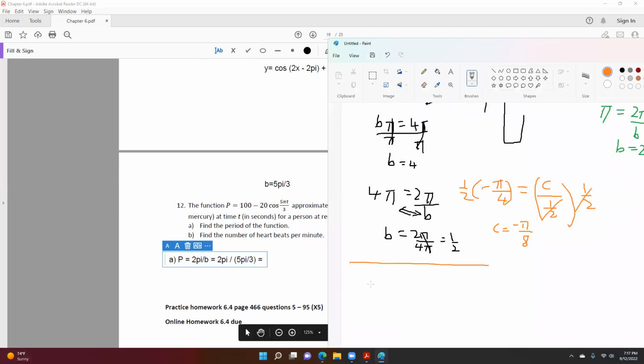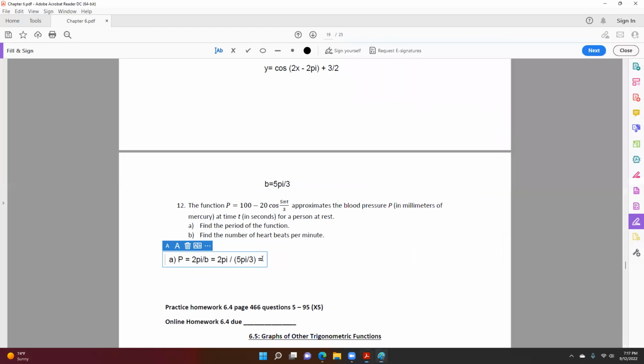So 2 pi, the divide will change to multiply, and 5 pi over 3 you switch to become 3 over 5 pi. And you notice that your pi will cancel out. Again, this is a fraction, you just multiply them straight across. This is 6 over 5. So the period in this case will be 6 over 5.